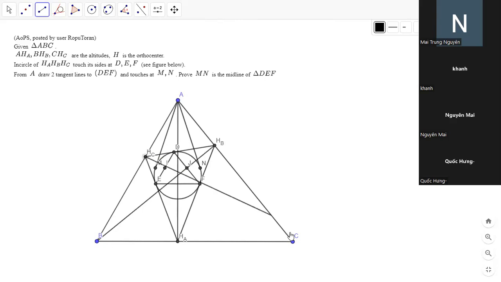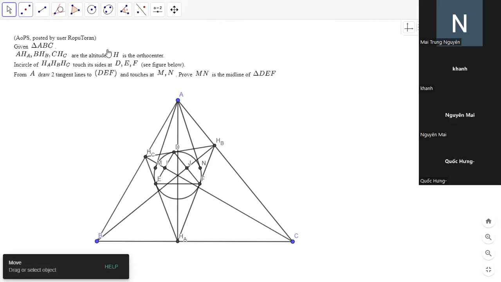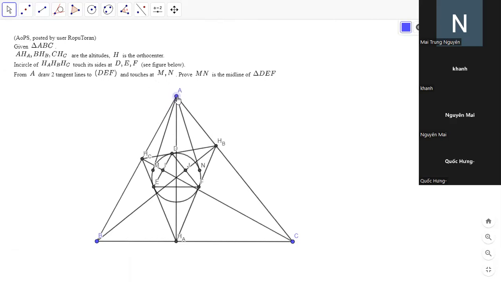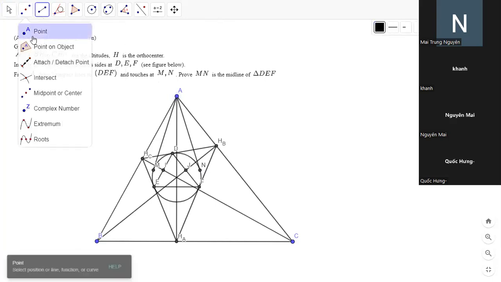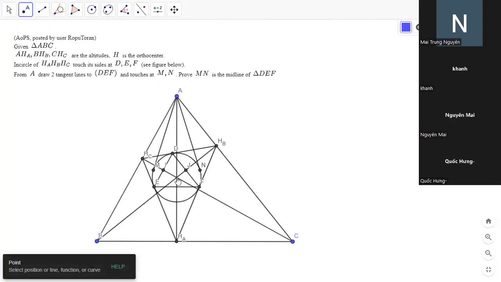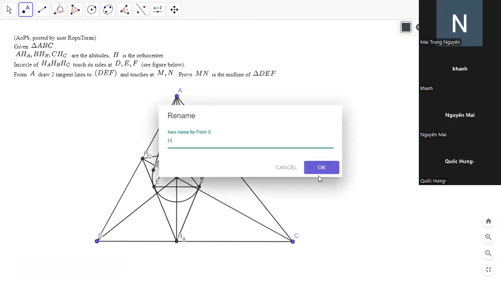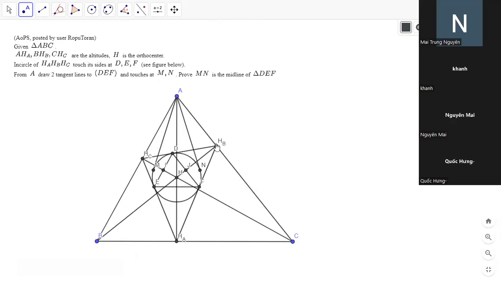So yeah, that's not collinear with J. So maybe I should move things around so it doesn't look like that's true. Oh, or is it collinear? Wait, is it obvious that J lies on the altitude from B? Yeah, it is, because HAJ is the angle bisector of HCHBHA.